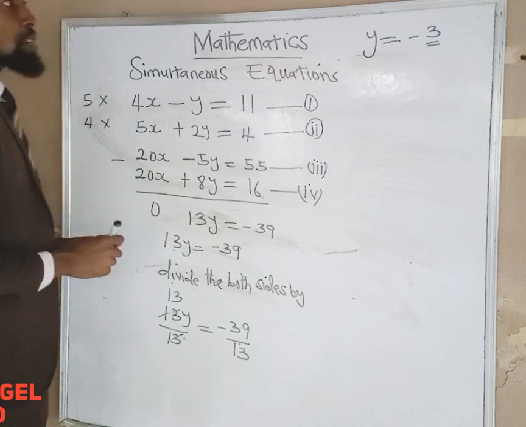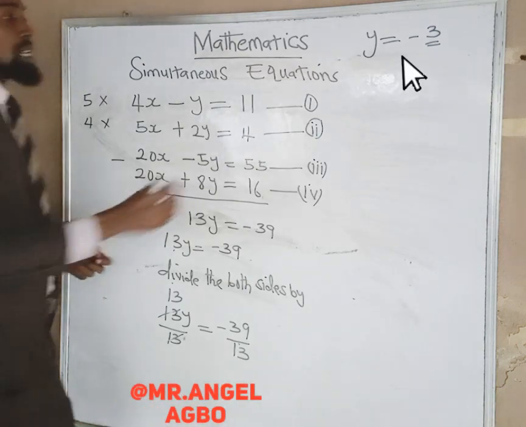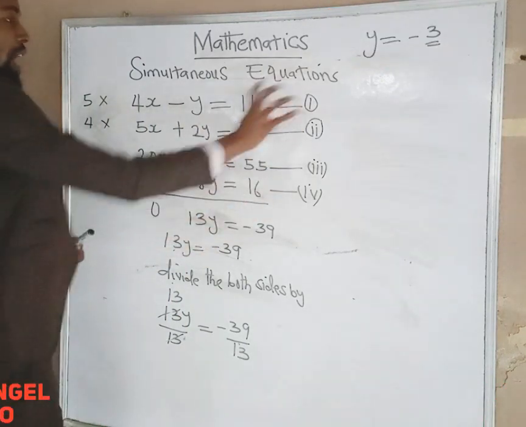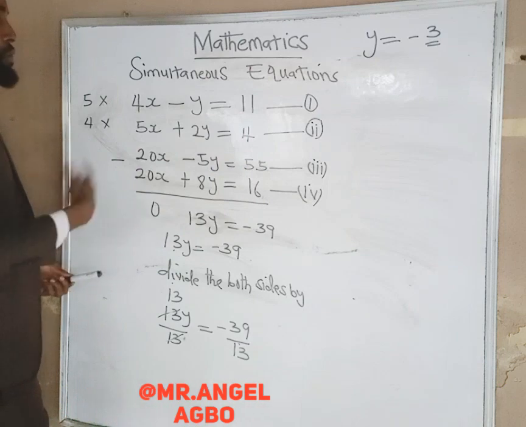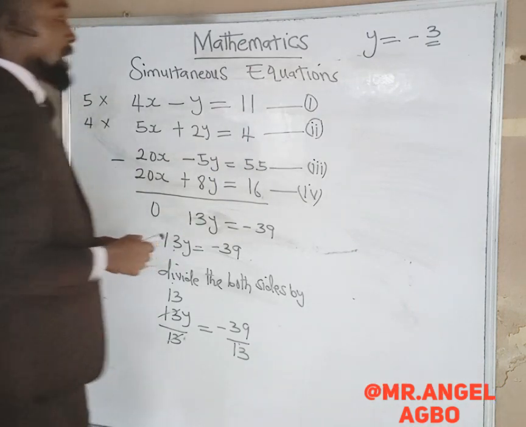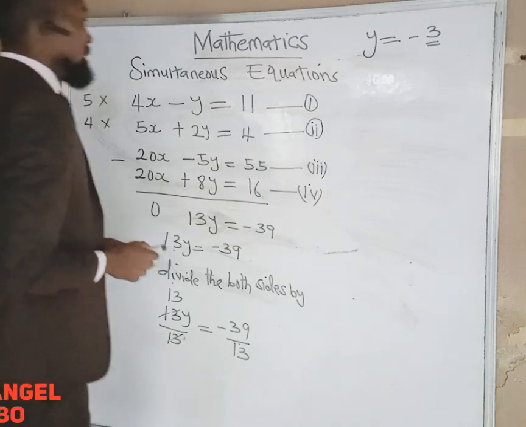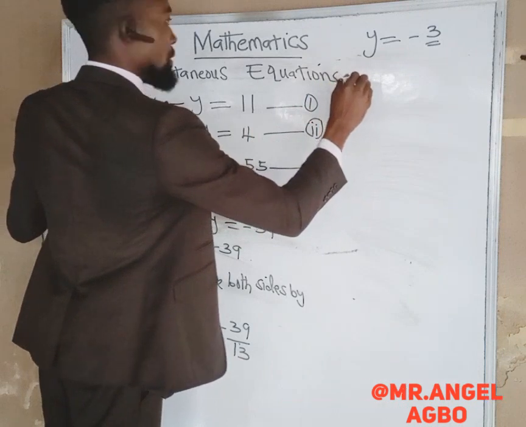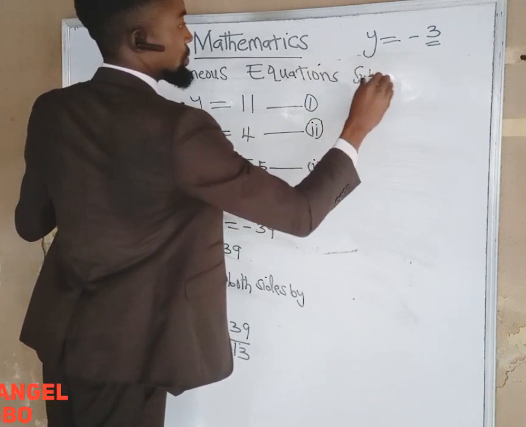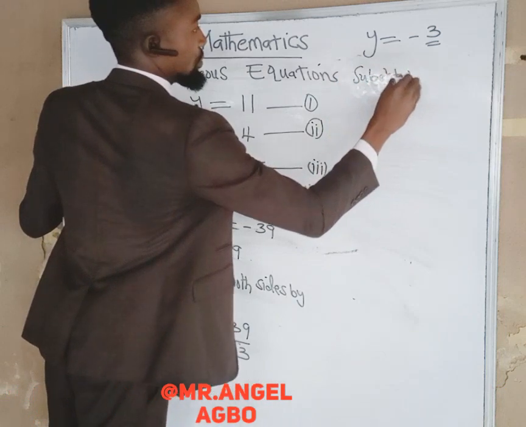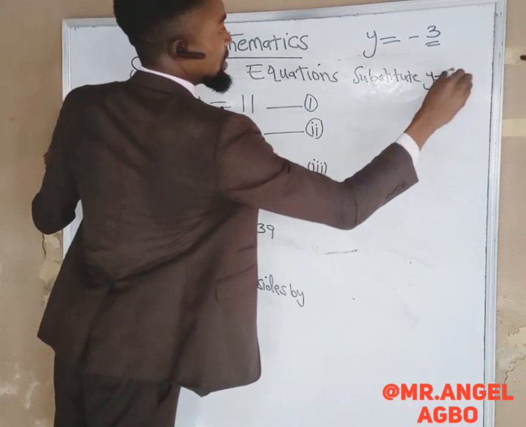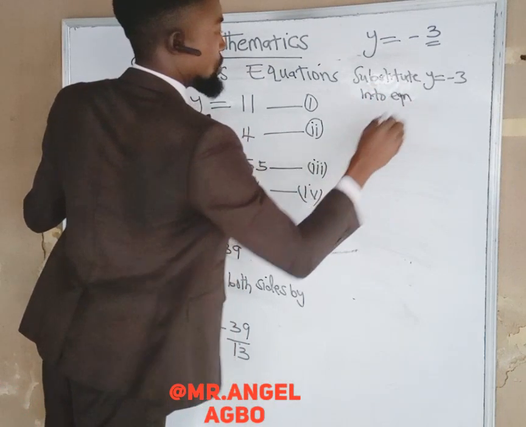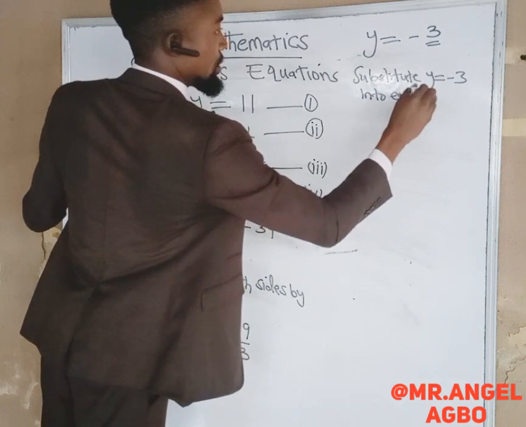Remember I told you after you have found your y, you use your y to find your x. So the next step is to pick one of these equations. We have equation 1 to 4. You can use any of them to find your x because you have already found your y. So let's pick equation 1 and substitute y equals minus 3 into it.